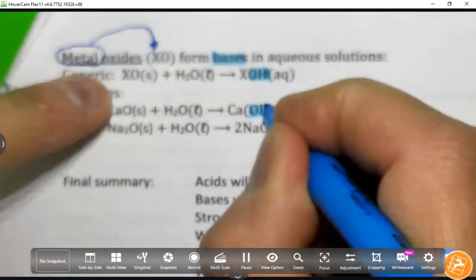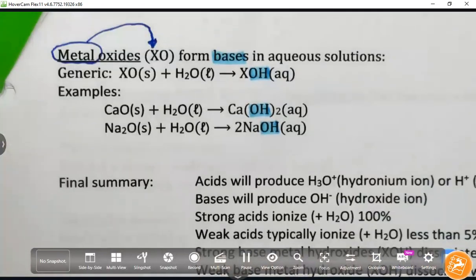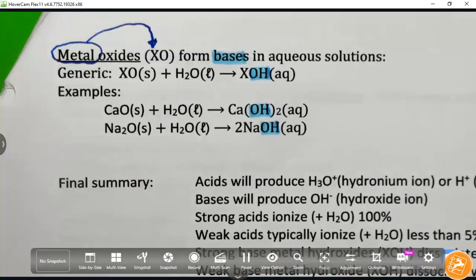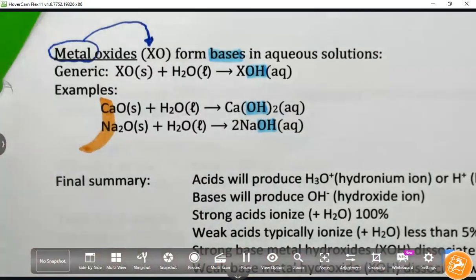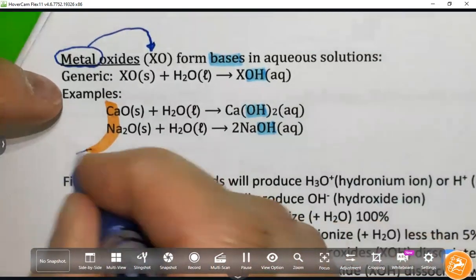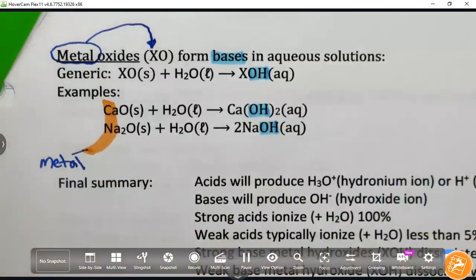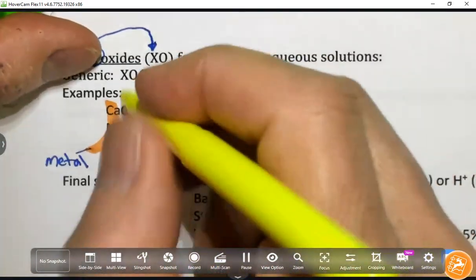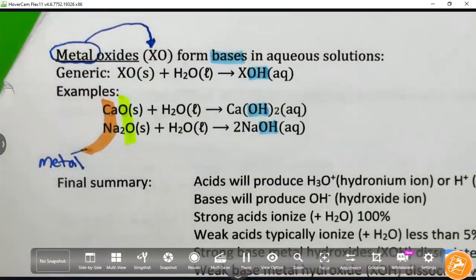Hydroxide, hydroxide, hydroxide. So what do we got here? Those are metals, right? Calcium and sodium. Metal. And of course, an O is always an oxide.